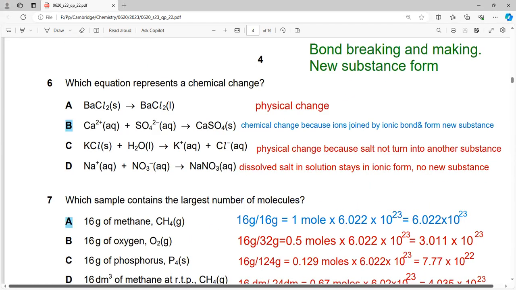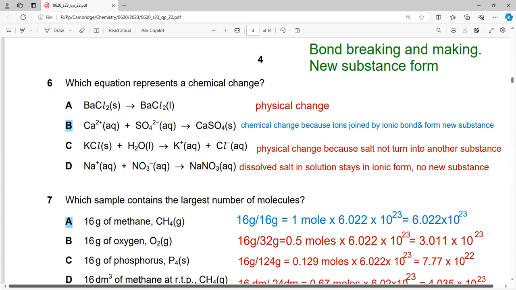Which equations represent a chemical change? In a chemical change, bond breaking and making is involved, and a new substance is formed. We can see barium chloride converting from solid to liquid state. This is a physical change. There are no new substances being formed.